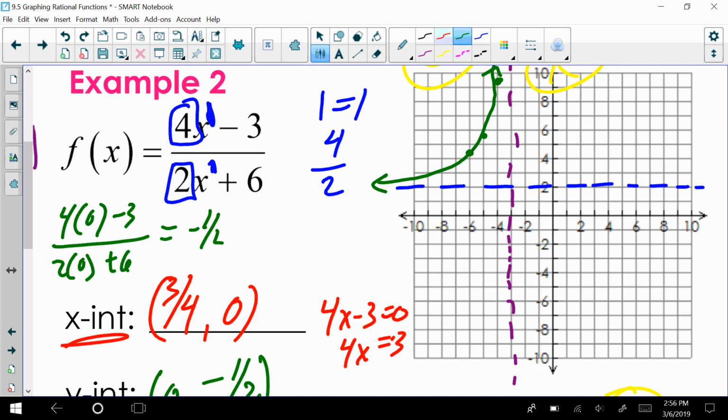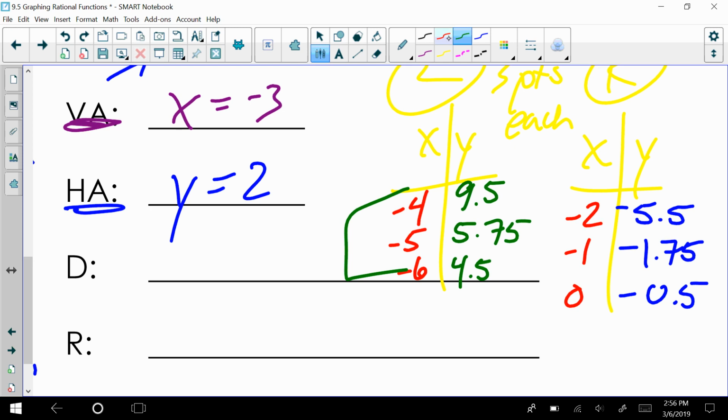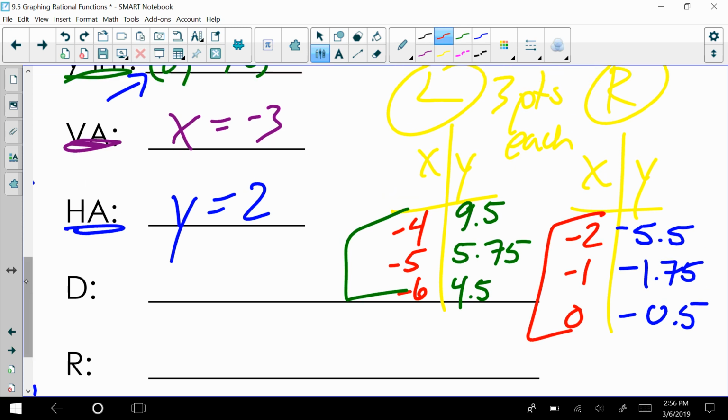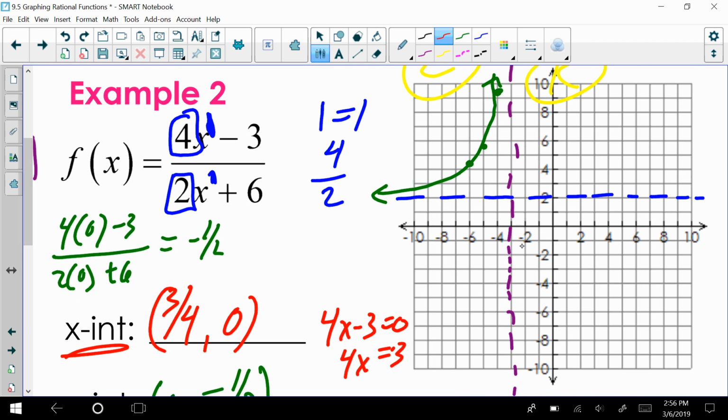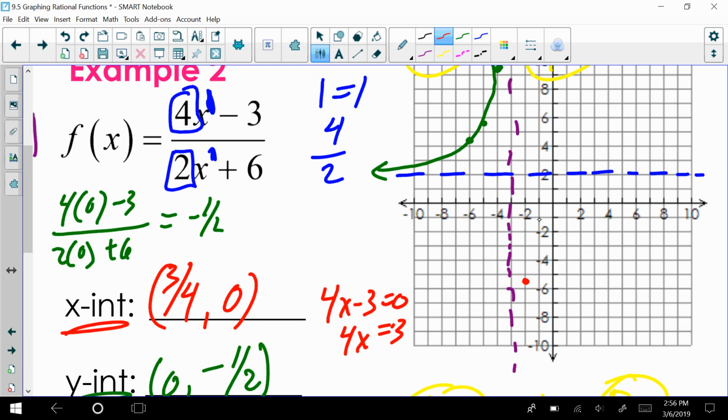Then the other one, I said I was going to do in blue, but I'm going to change it up. I'm going to do this one in red. So this is -2, -5.5, which would be right here. -1, -1.75.